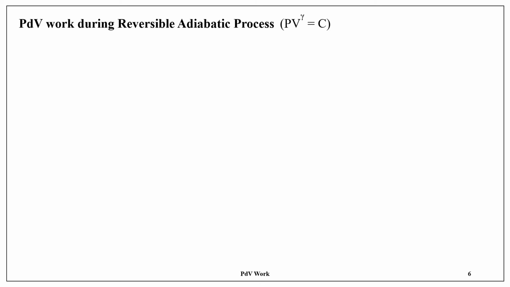What is the PdV work during a reversible adiabatic process? The pressure volume relation in a reversible adiabatic process is given by PV power gamma is equal to constant.